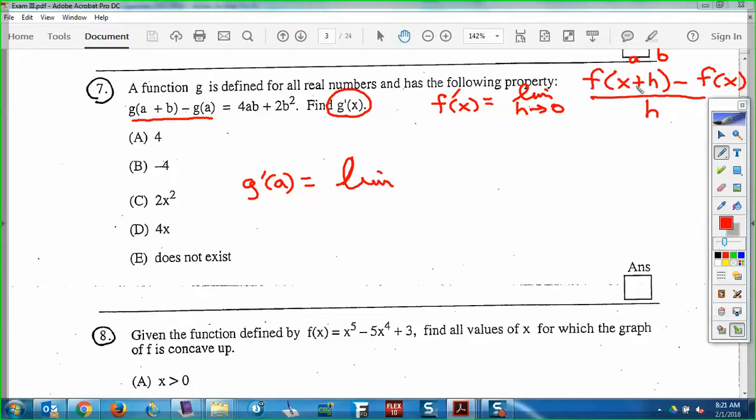I'm just taking all the X's out. The F's are getting replaced with G, the X's are getting replaced with A's, and the H's are getting replaced with B's. And so this would be G of A plus B minus G of A, and then all over B. So those two are identical.